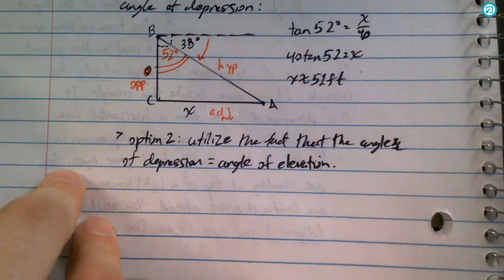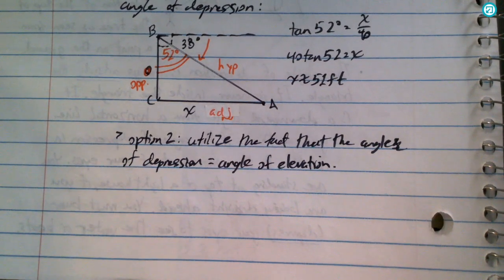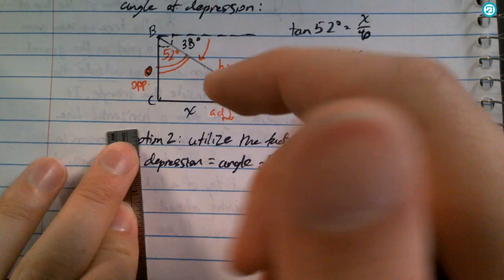And you can basically label the alternate interior angle the same measurement.